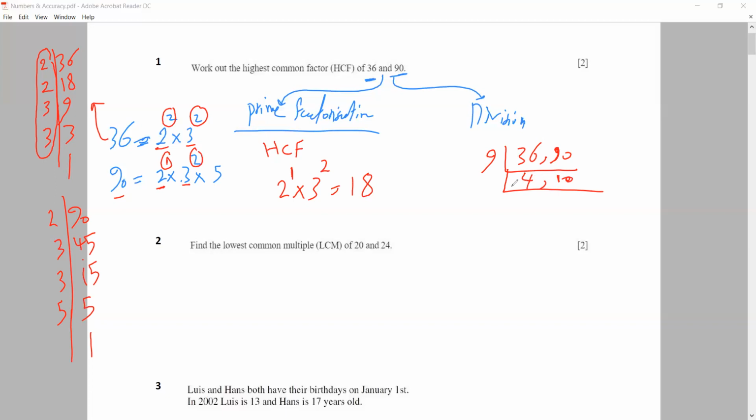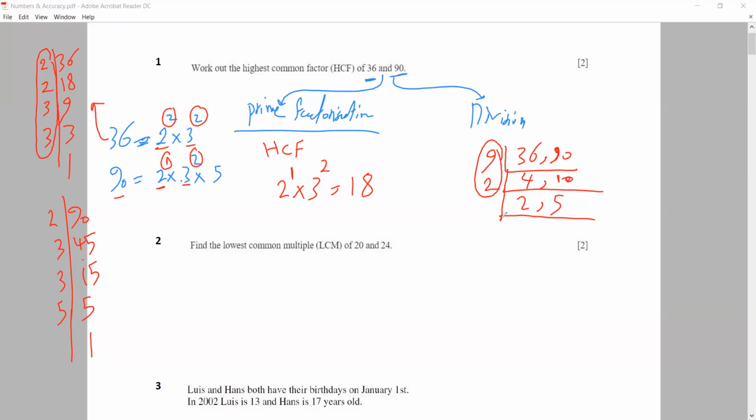So I can divide these two numbers further by 2. This gives me 2 and 5. And between 2 and 5, I can't find a number that I can divide both by, right? 2 is only divisible by 2, and 5 is only divisible by 5. So you stop right there, and the product of the divisors gives you the HCF.